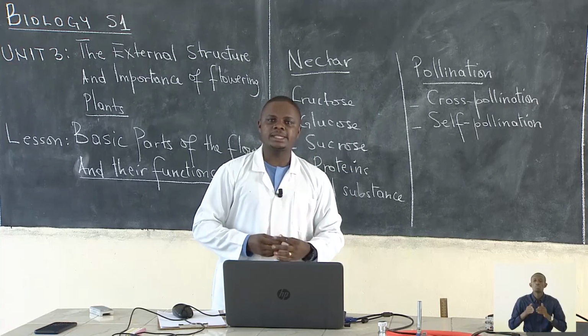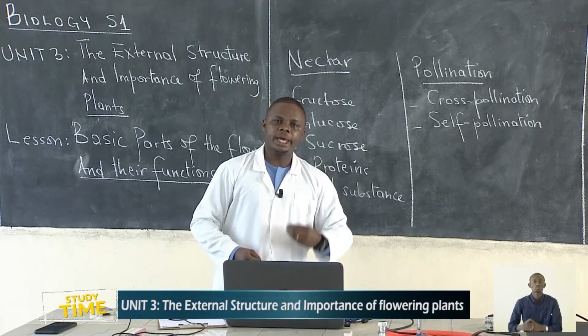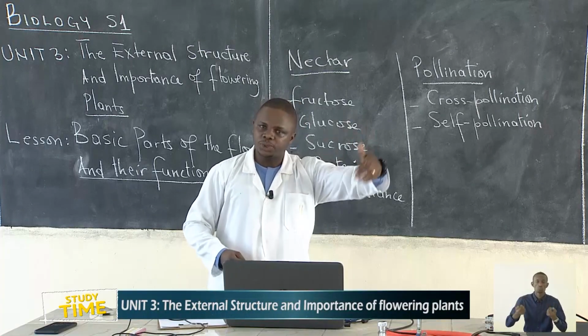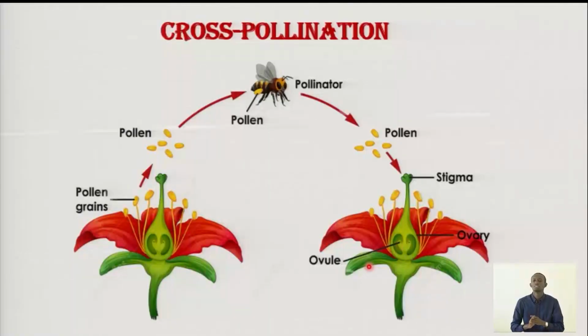When it takes place, that means the fusion of male and female gametes will lead to reproduction, and in this case, the ovules which have been fertilized are going to turn into seeds, and then the ovary will turn into the fruit.